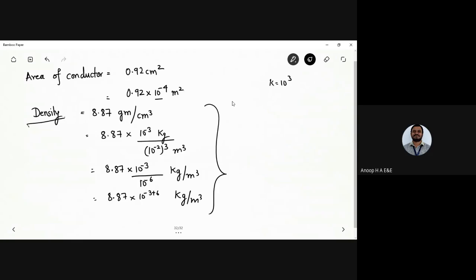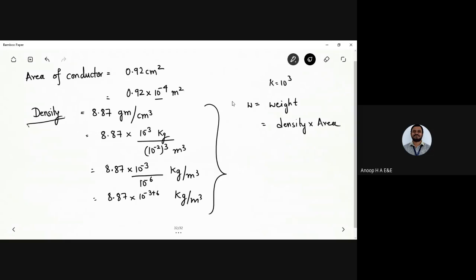Now, how do you calculate the weight per conductor, in kg per meter? The weight of the conductor is given by density into area. Remember this formula.